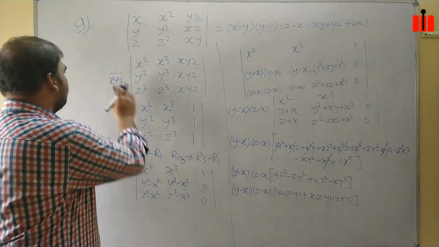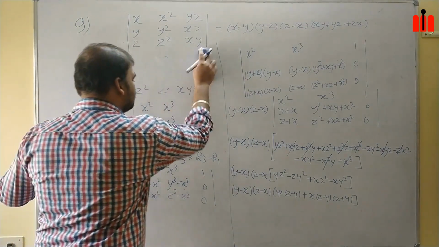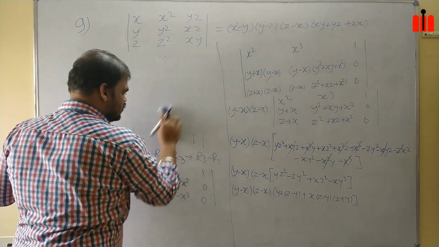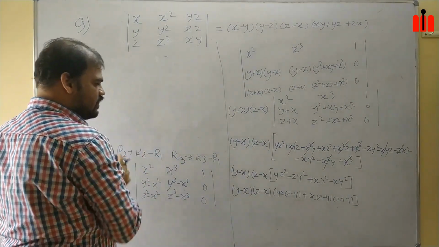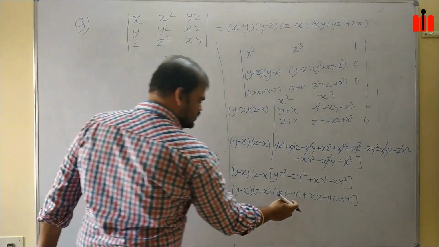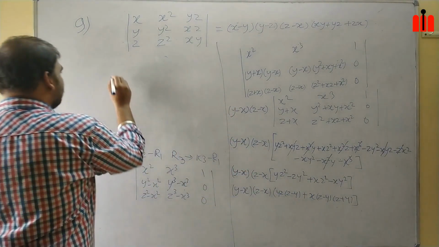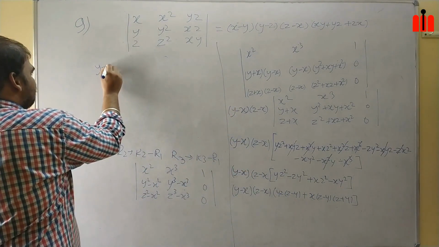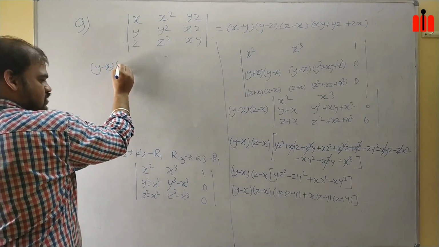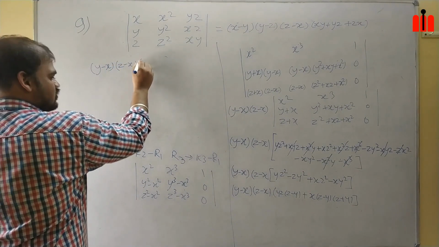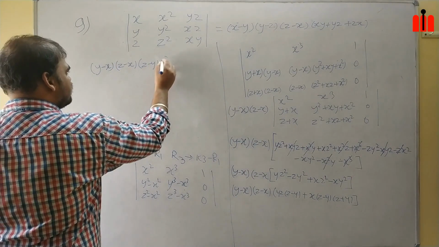Okay, now I will rub this out. This is not required anymore. So I will write this. From here, z minus y is common, so take that common. So it will be y minus x, z minus x, z minus y.